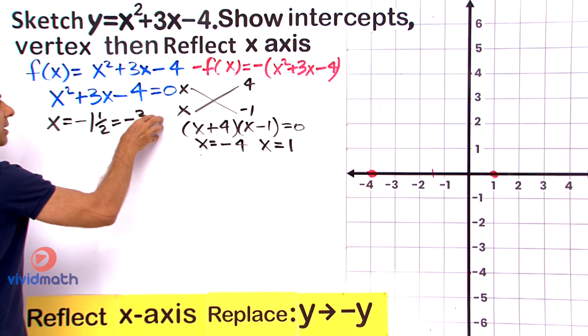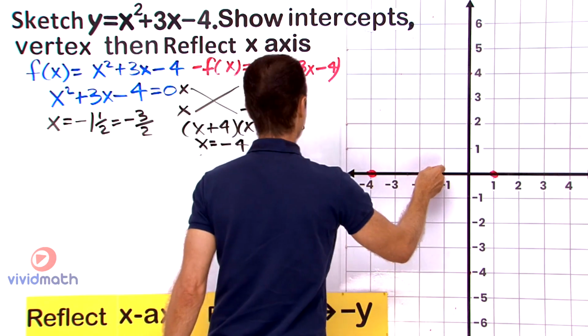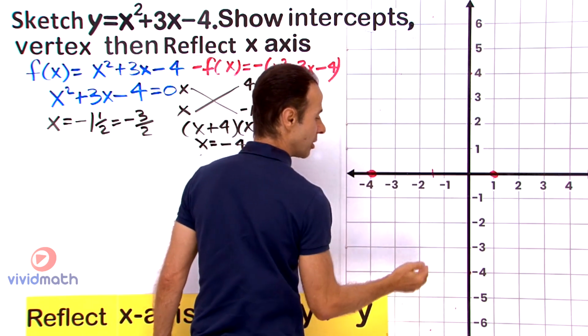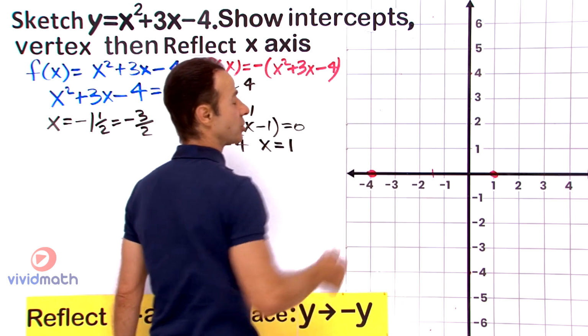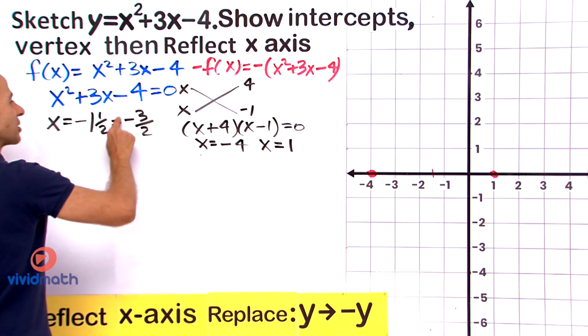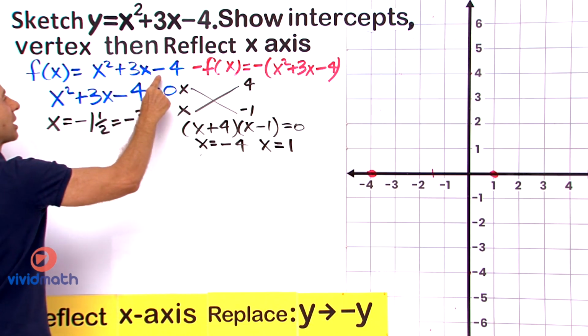I'm going to take that, negative 3 on 2, and substitute it into the original function. Because if I substitute that point into the function, it's going to tell me the y component, so I know if it's down the bottom or at the top or where that vertex is going to be located. So let's substitute x equals negative 3 on 2 into the function x squared plus 3x minus 4.